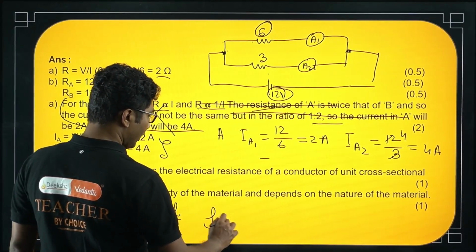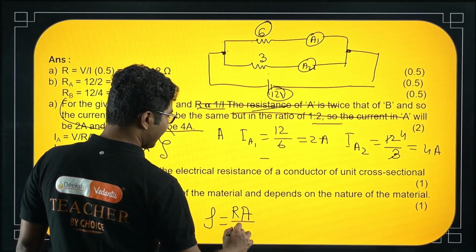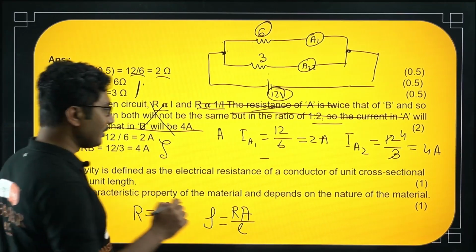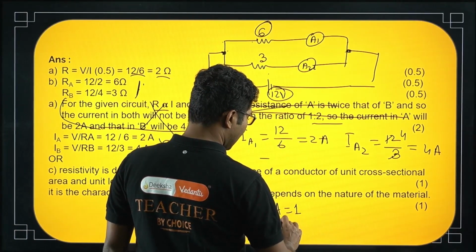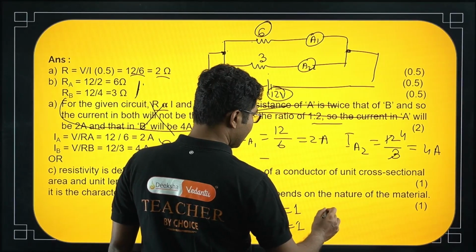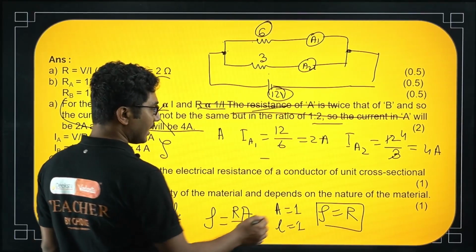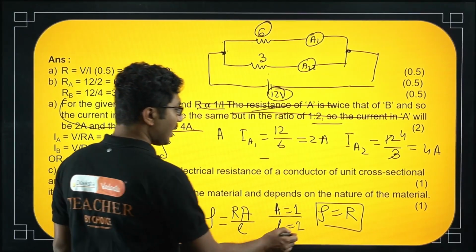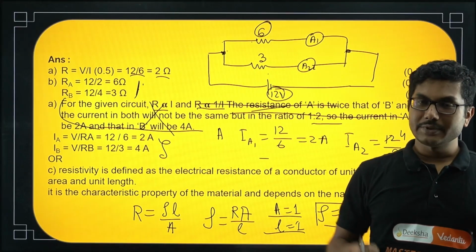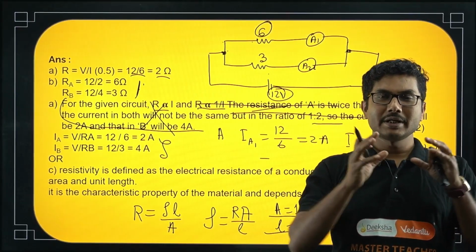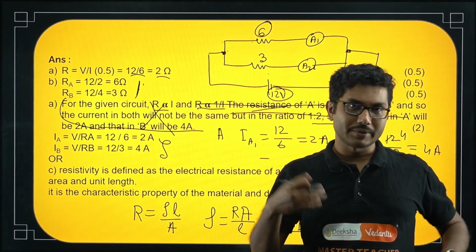So rho is basically R into A divided by L. If we make A equal to 1 and L equal to 1, then rho will be equal to R. So the resistance of a wire having unit cross section and unit length is the resistivity. Resistivity means you make the area unit, you make the length unit, whatever resistance of the wire, that is the resistivity of that wire.